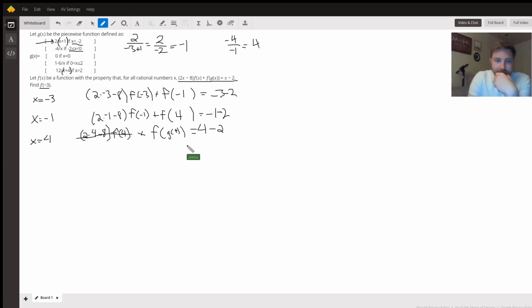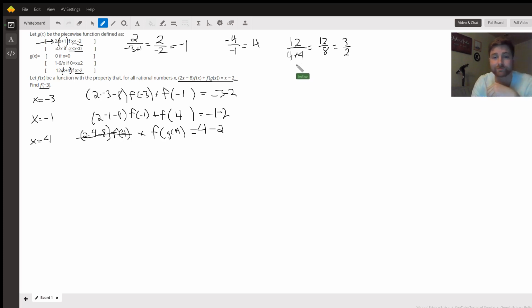All right, now let's see if you can figure out what f of g of 4 is. So g of 4 looks like it's going to be bigger than 2. So we're going to use the formula 12 divided by x plus 4, which is 4 plus 4. Notice that's 12 over 8, and it's going to simplify down to 3 halves because each is divisible by 4.